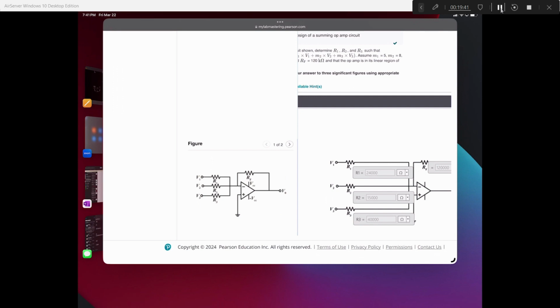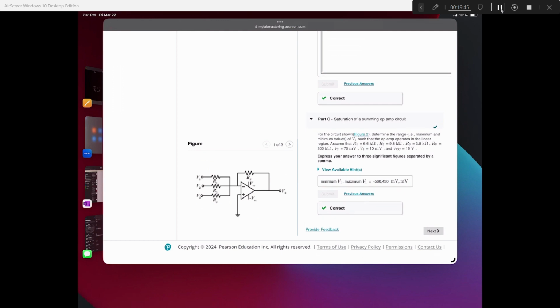Okay, let's go to the last one. Figure 2. It's the same one, except it's asking us to determine the range, maximum and minimum values of V1, such that the op-amp operates in the linear region.